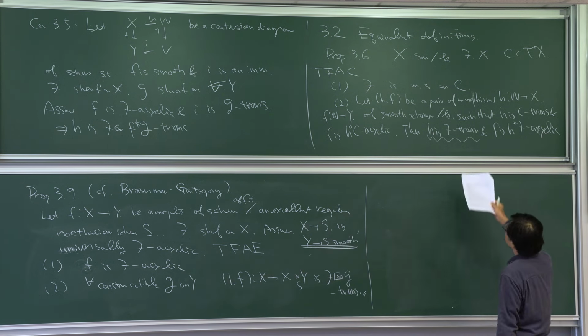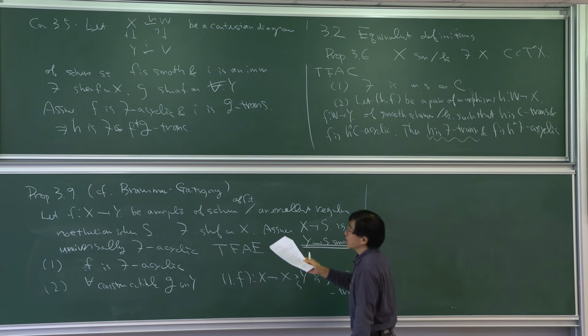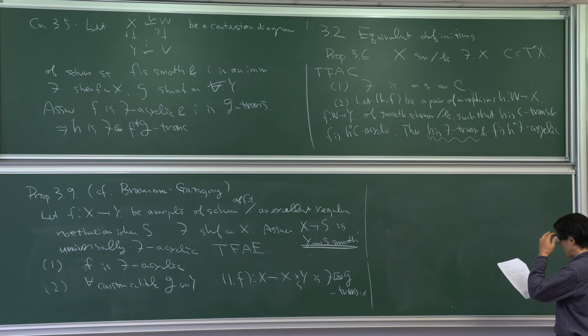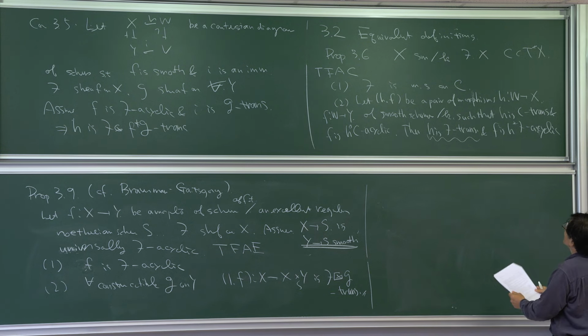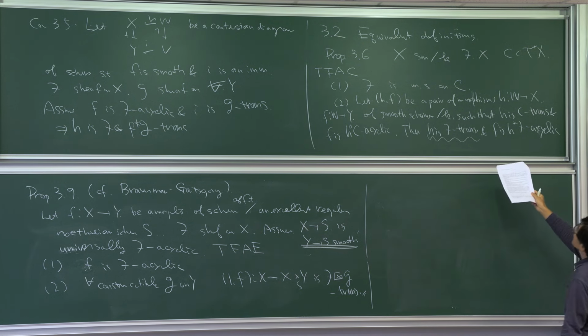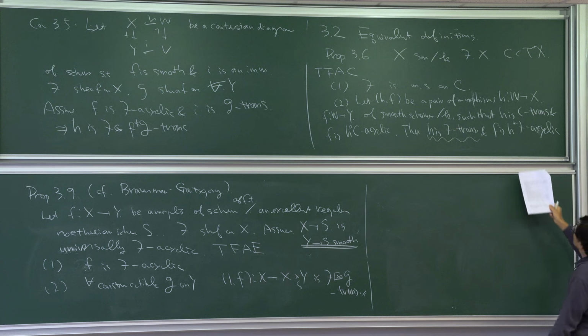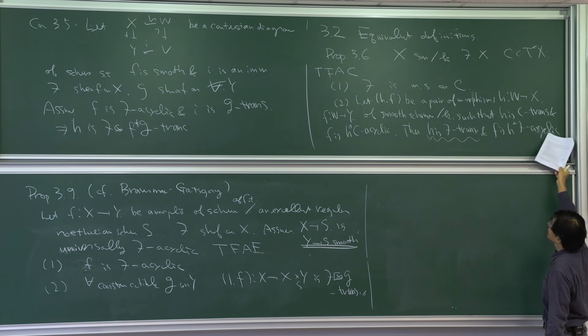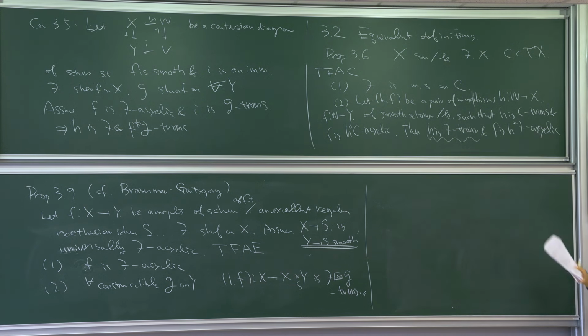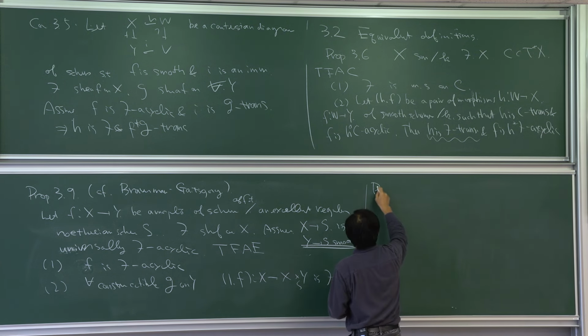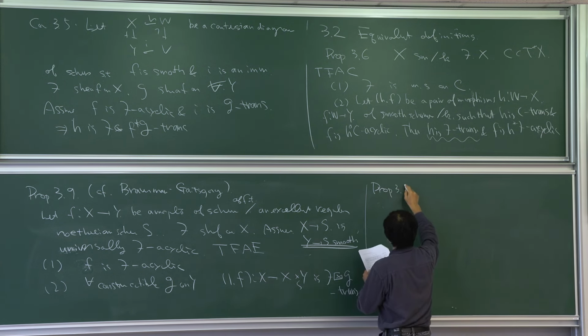Okay, so now we have this equivalence, but this equivalence is not enough for us. Here K is any field, and if we assume that K is perfect, then we can actually omit this second morphism F. That is the next proposition.